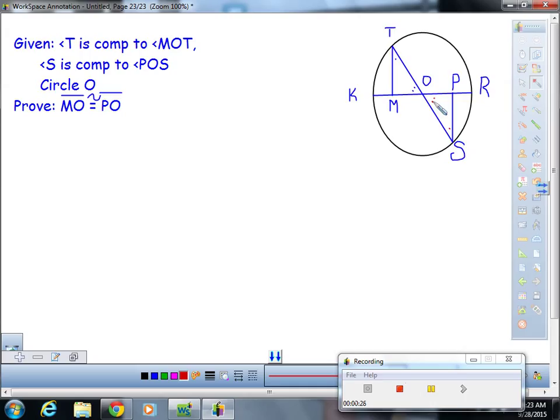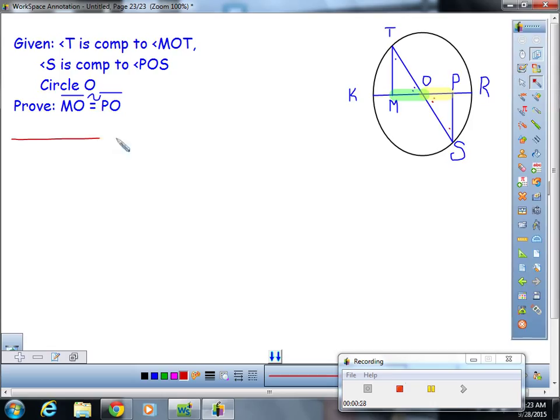We are also given that it is circle O, which means O is the center of the circle. That's all we're given. And we are asked to prove that this part is congruent to this part. So with very little information given, we've got to prove that 2 segments are congruent to each other.